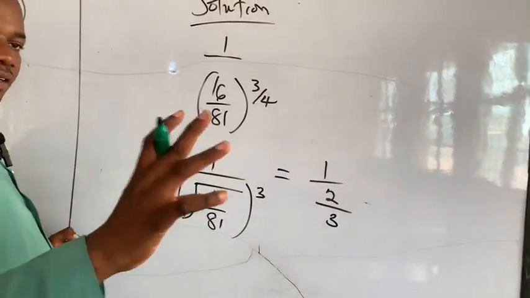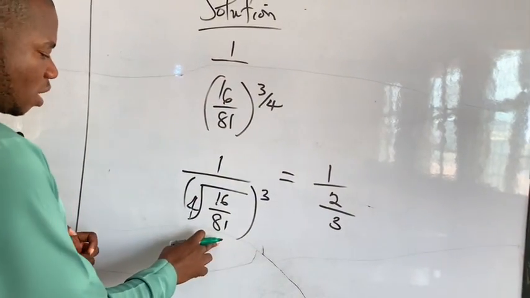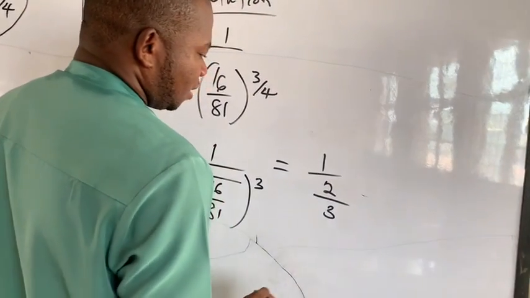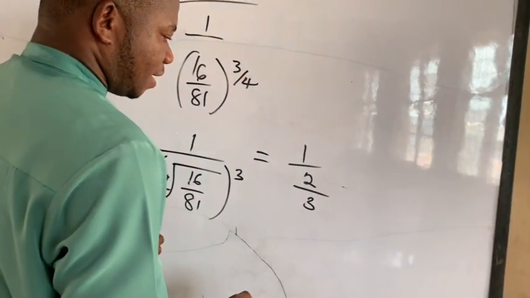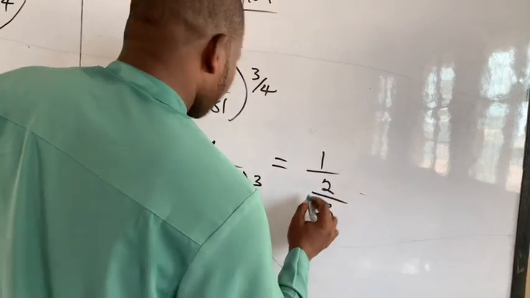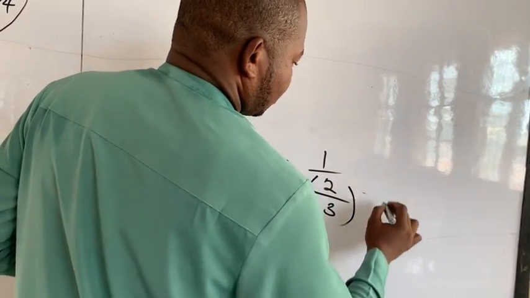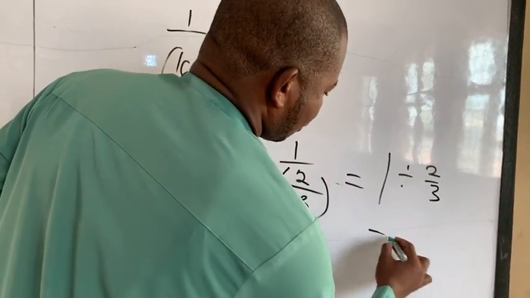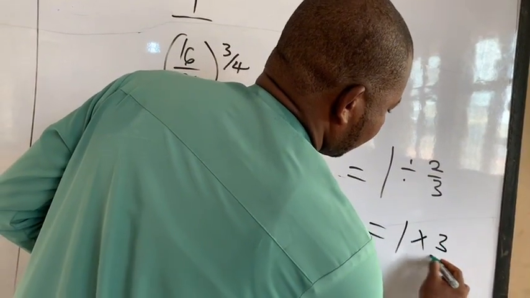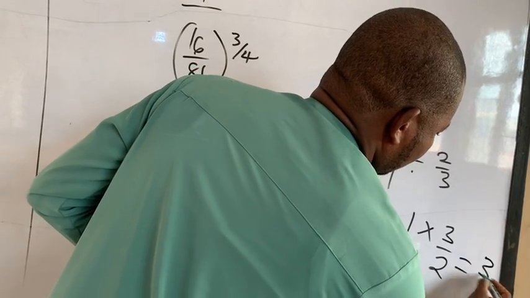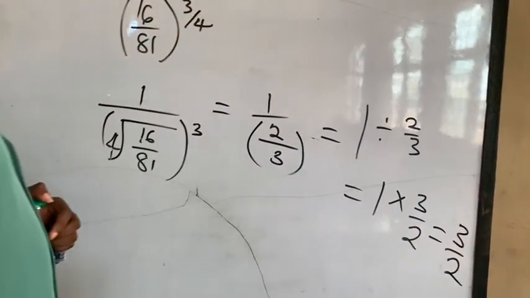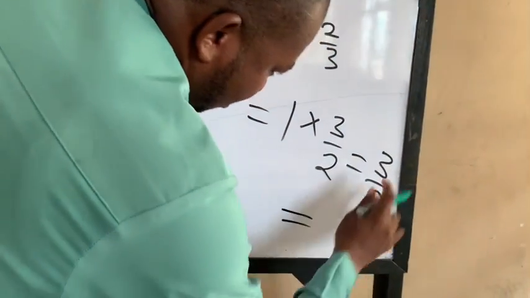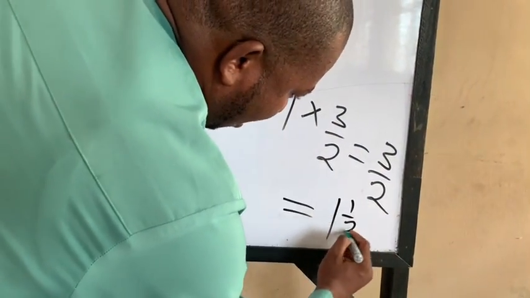If you multiply 3 4 times, that is 81. 2 4 times, that is 16. So at the end of the day, this is as good as having 1 divided by (2/3) cubed. Okay, yeah, that is the answer, which is further broken down. 3 divided by 2, that is 1.5.